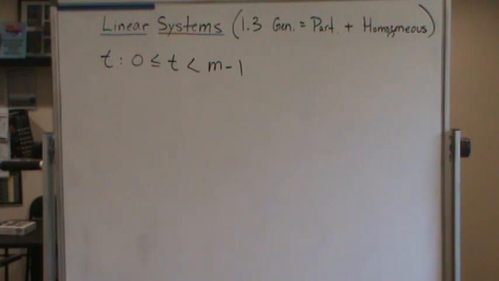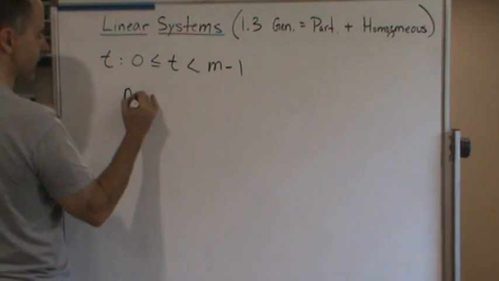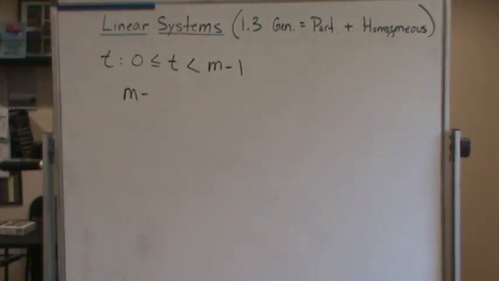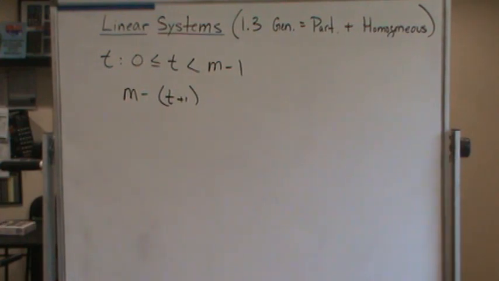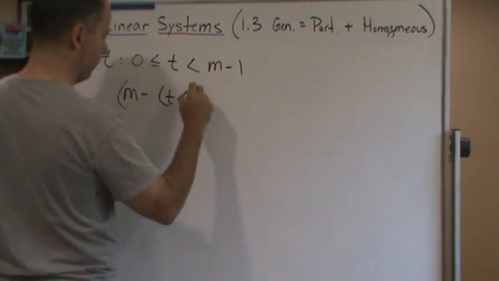That's what we're assuming. Now what we're going to do is verify that it will hold for the next equation above those equations, which is going to be this equation. We want to show that it holds for the m minus t plus 1, so it's going to be the next equation up.